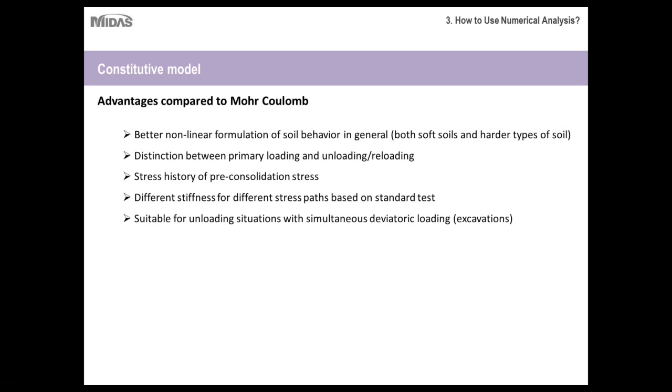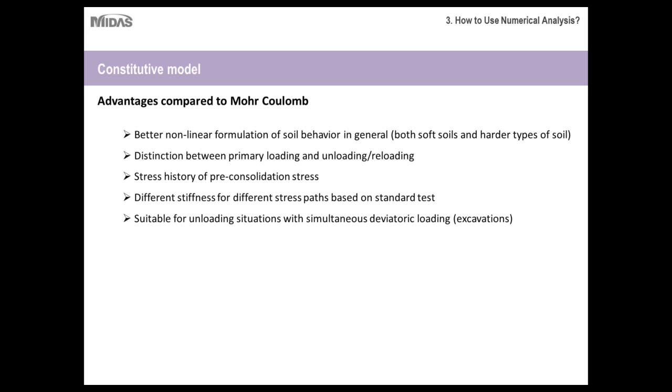Then there is a distinction between primary loading and unloading and reloading. The advanced material models can account for the primary loading that is coming from the earth pressure directly, and then unloading because the soil strata is excavated. So that could cause soil heaving.